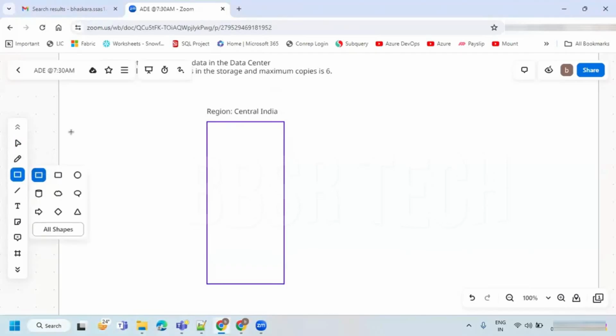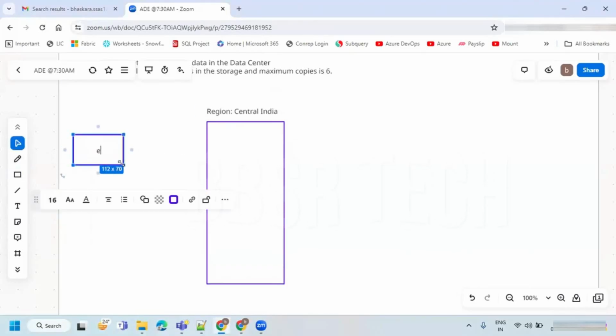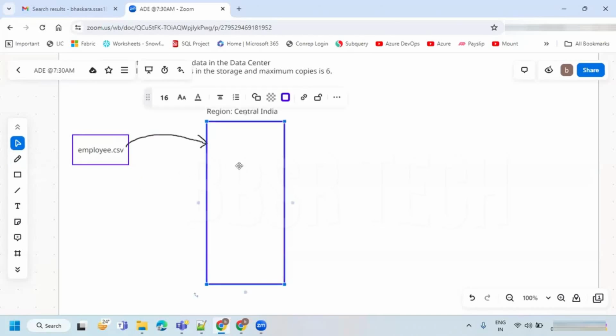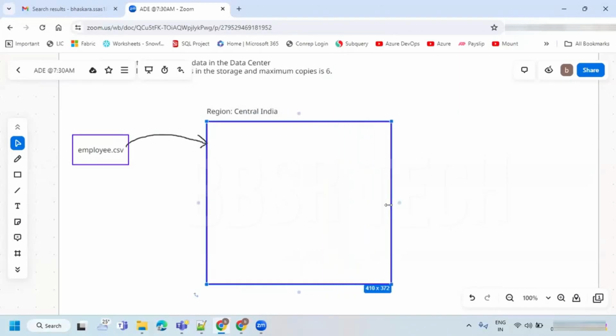Say I have a file, employee.csv, in any kind of format, and I want to upload it. When I upload this file, what happens in the primary region?